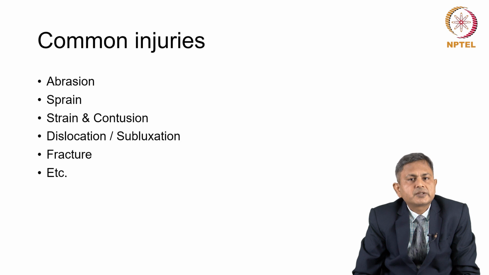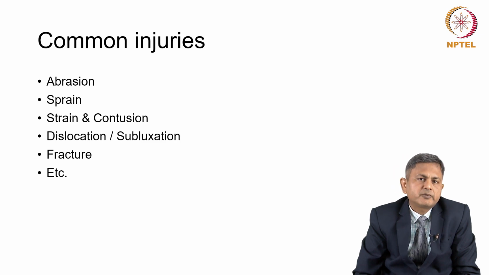Then comes the sprain. A sprain is a ligament injury, and ligaments are structures made up of collagen. They are thick rope-like structures that lie between two bones in the joint region.